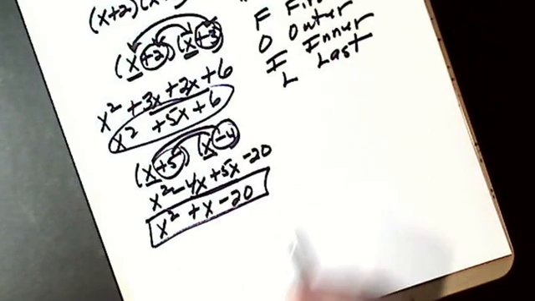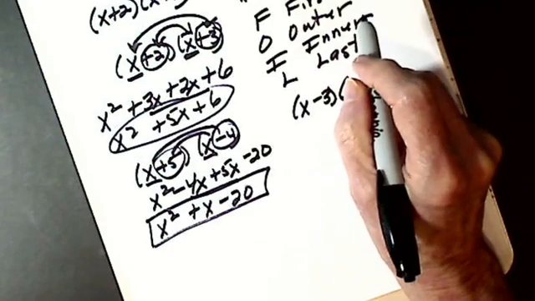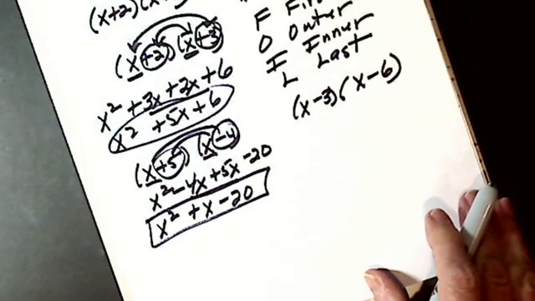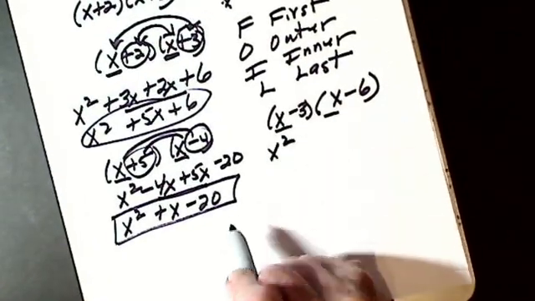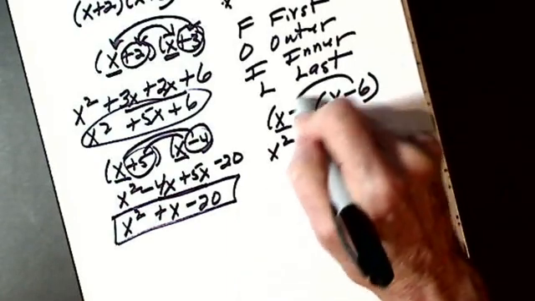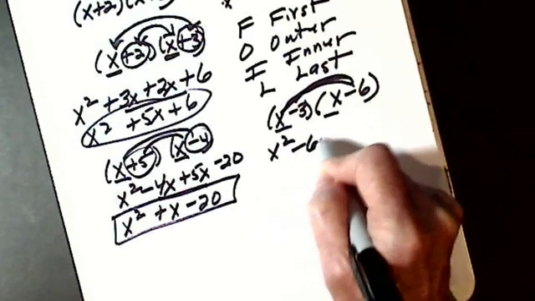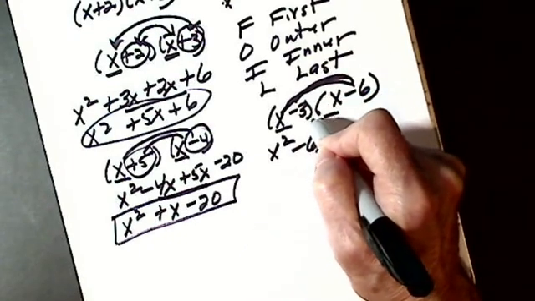All right, we'll do another one. X minus 3 times x minus 6. I multiply my firsts. I get x squared. I multiply my outers. I get minus 6x. I multiply my inners.